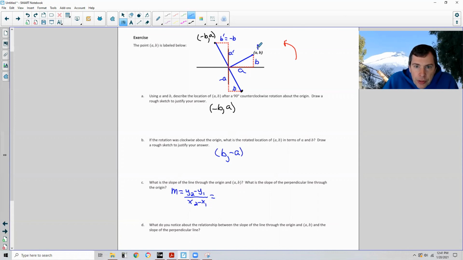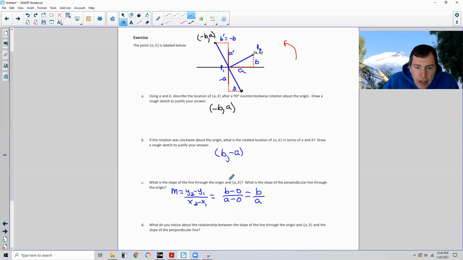So this is point 2, and the origin here is point 1. So my y2 is B minus my y1, which is 0, over my x2, which is A, minus my x1, which is 0, because it's 0, 0. So B minus 0 and A minus 0 is just B over A.